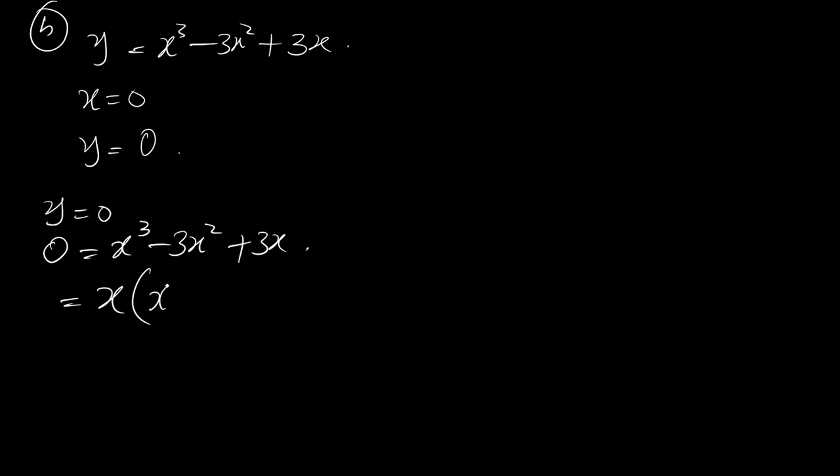So now you have x squared minus 3x plus 3. So now if we use the quadratic formula to solve this, let me do it here. You have x squared minus 3x plus 3.